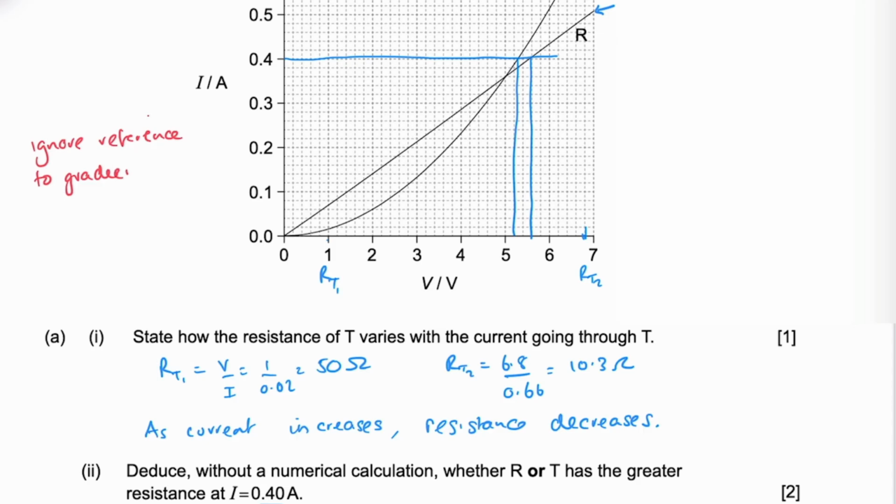Okay, we do not like talking about gradient when we're talking about the resistance in a VI graph.